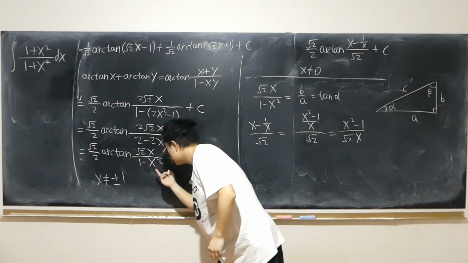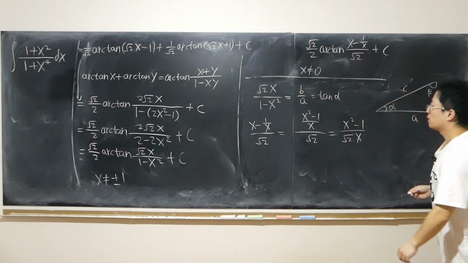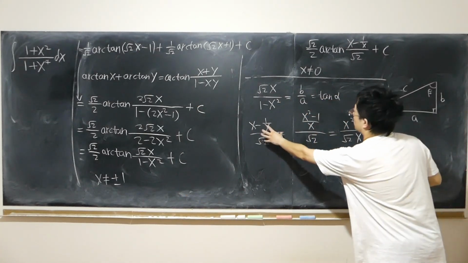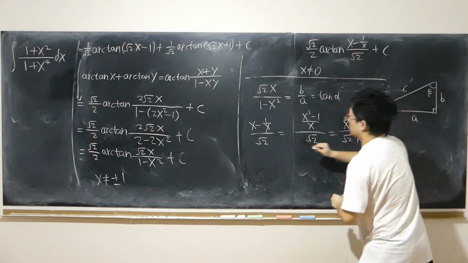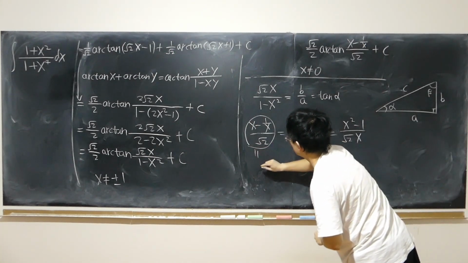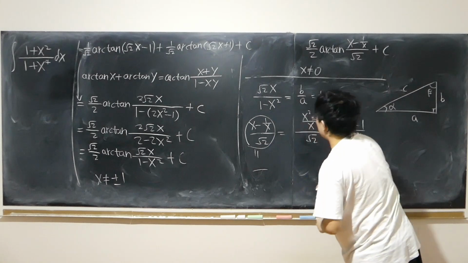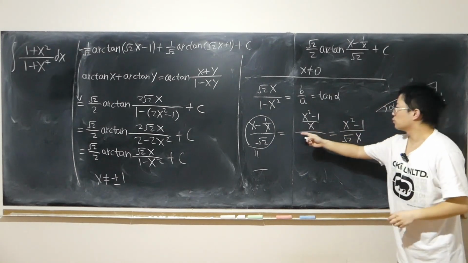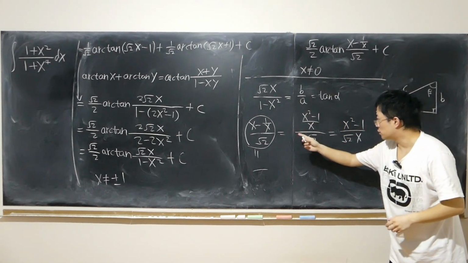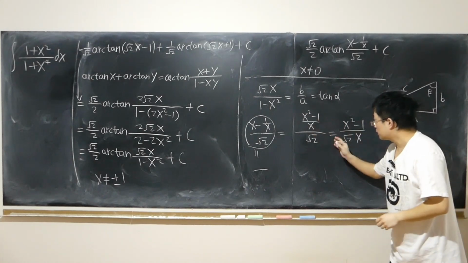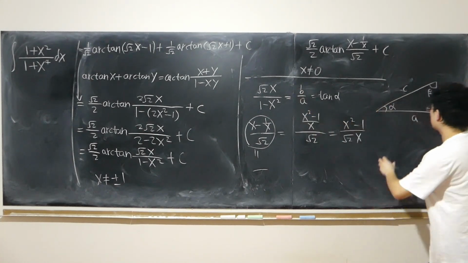Alpha is this arctangent. And this, in other words, is the trig ratio of the negative reciprocal of that.